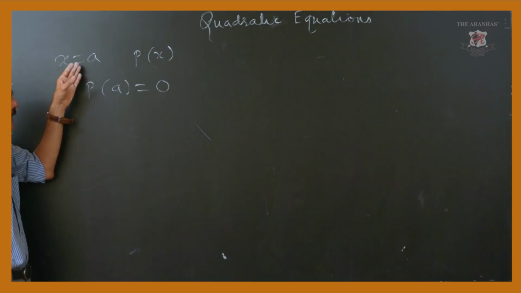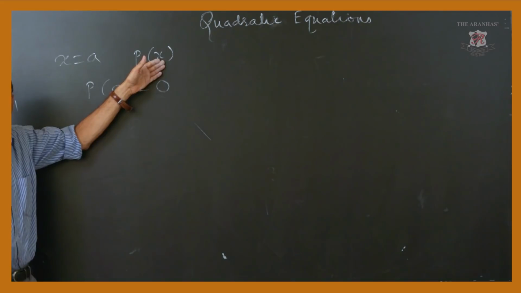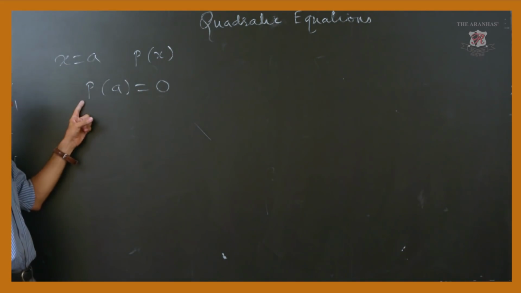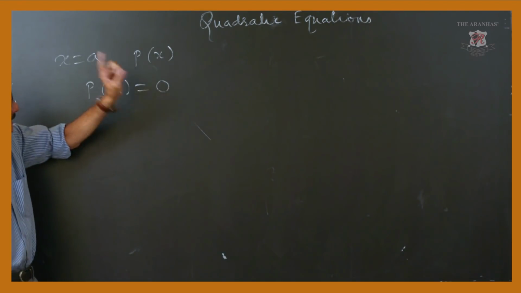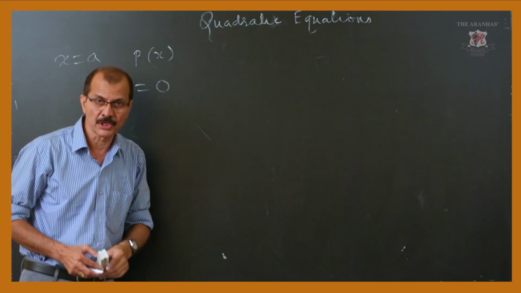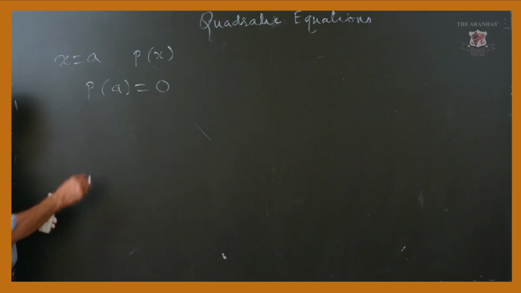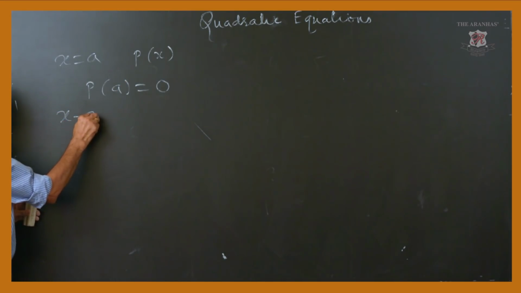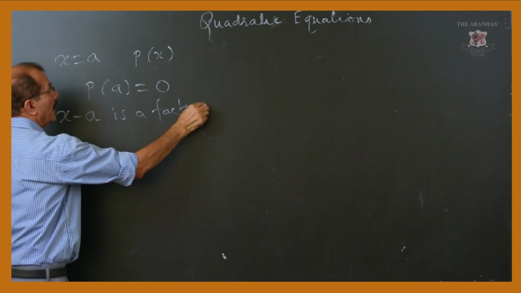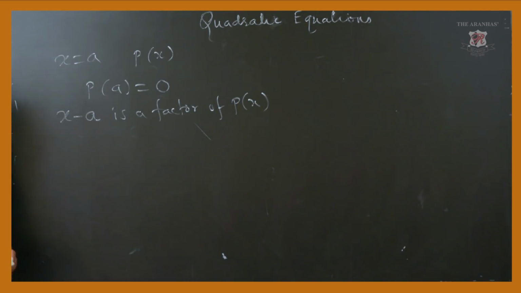It means when you put the value of x equal to a in this polynomial and you get the value as 0, that means P of a equals 0, then you say that x equal to a is the solution of this polynomial. Rather, you say x minus a is a factor of the polynomial P of x.